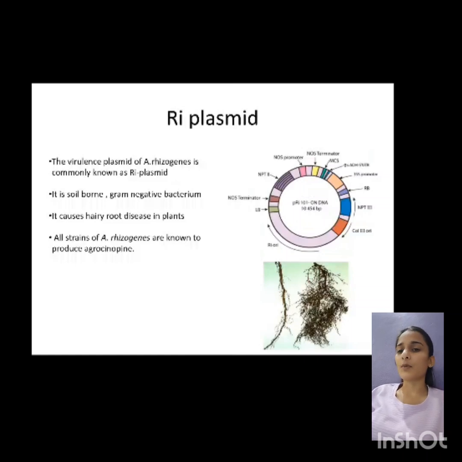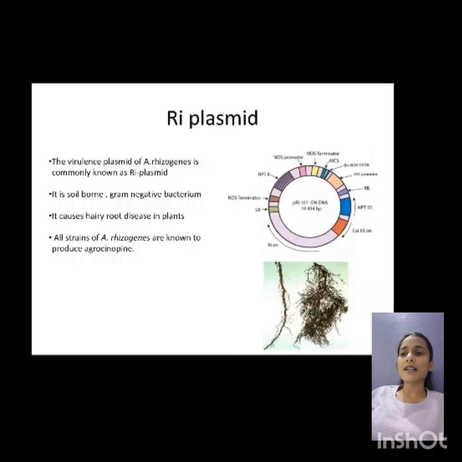It also contains a left border and right border, and the T-DNA region is present in between, which is responsible for causing hairy root disease. We can say that it is also a gram negative bacterium. It's also soil borne, and its specificity is that all strains of Agrobacterium rhizogenes are known to produce agropine, which is also a type of opine.